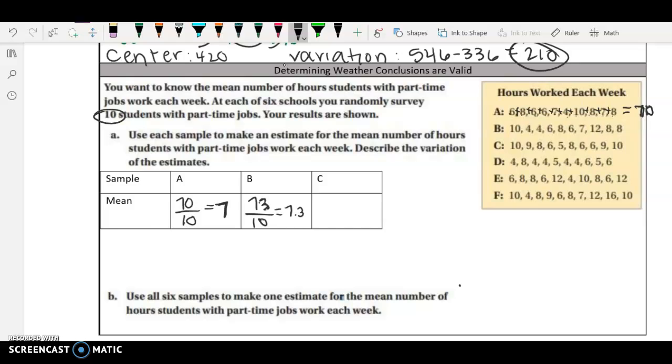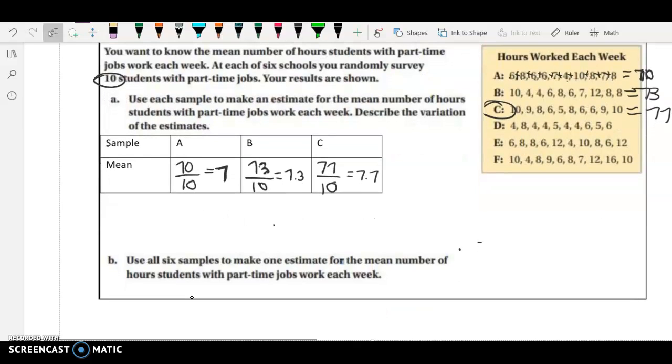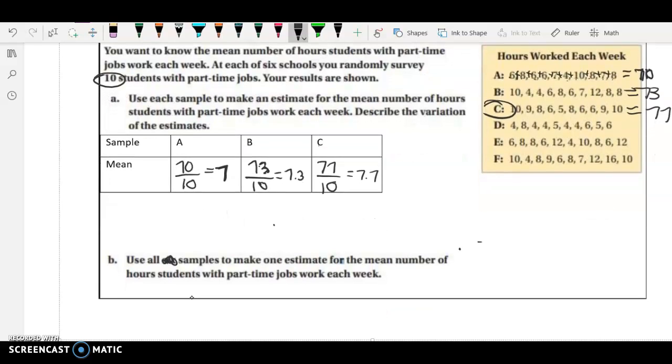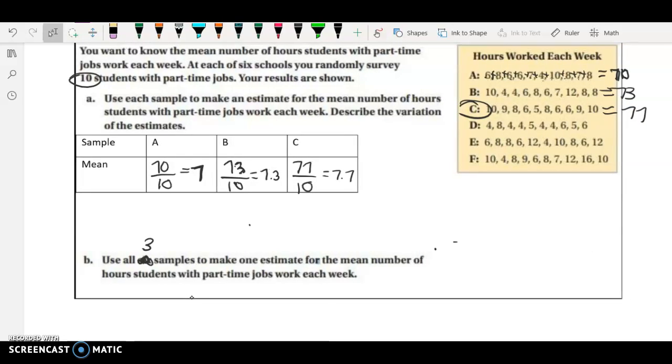So now I want you to find the mean of school C, and then you are going to check your answer with mine. All right, so when I added them up, I got 77, and then I divide by 10 because they asked 10 people, and I get 7.7. So now I don't want you to do all 6 samples, we're just going to use the 3 samples, and we are going to find the mean number of all of them. So 70 hours is what we got when we added up A. B, we got 73.